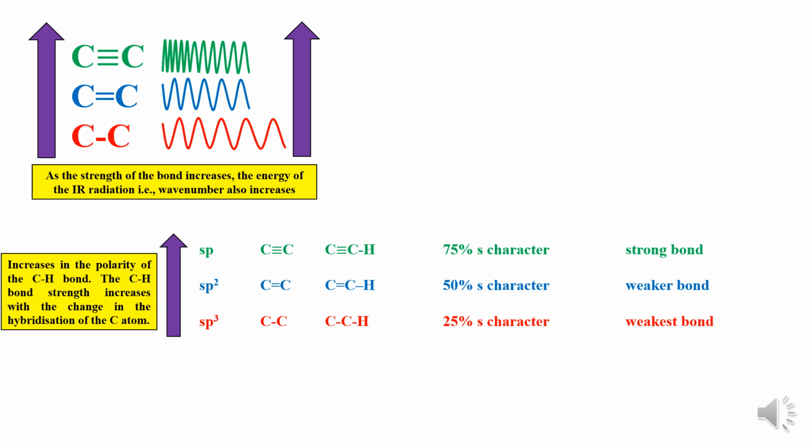So in case of alkane, you'll find that the carbon atom is sp3 hybridized, while in case of alkene, the carbon atom is sp2 hybridized, while in case of alkyne, the carbon atom is sp hybridized. So as you move from the sp3 hybridized carbon in alkane towards the sp hybridized carbon in alkynes, you'll find that the s character is increasing.